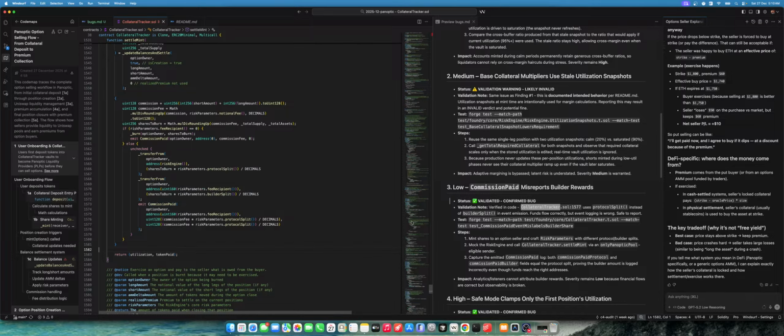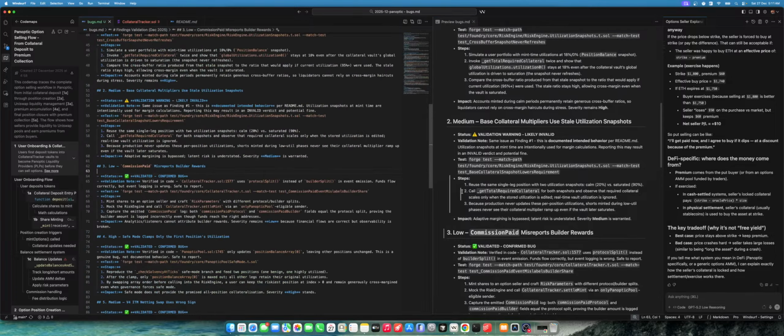Oh yeah, this is true. It should be commission paid builder, and there is commission paid protocol, but it is emitting the wrong thing. So this is true.